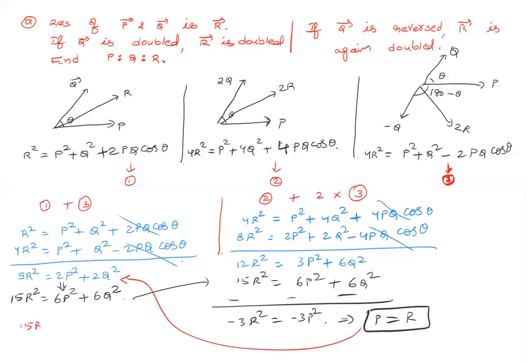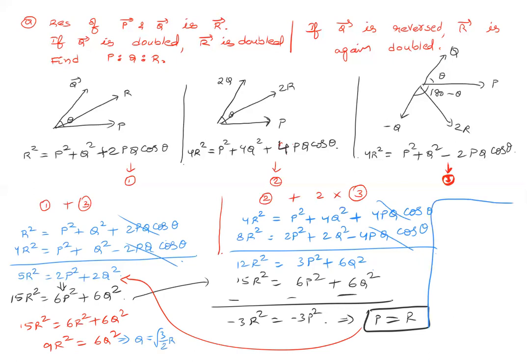So 15r square is equal to 6r square plus 6q square. 9r square is equal to 6q square. So q squared is 3 by 2 times r squared. From here, solving it, q is under root 3 by 2 times r.